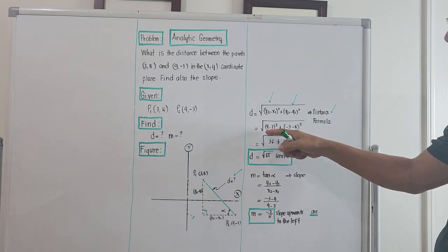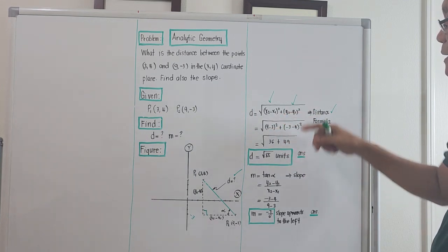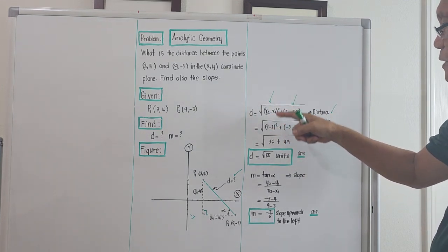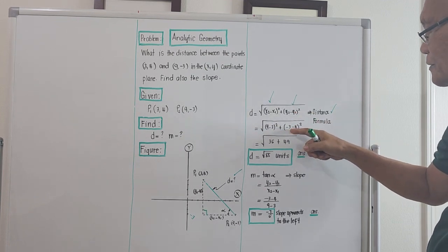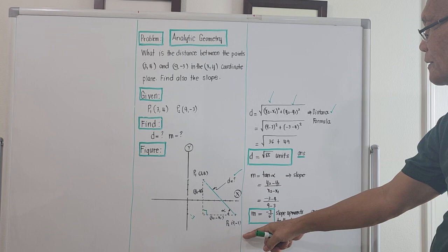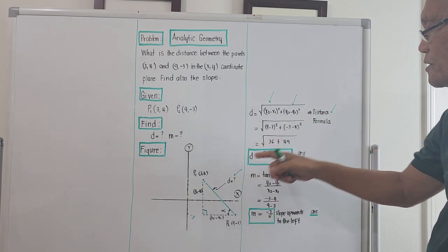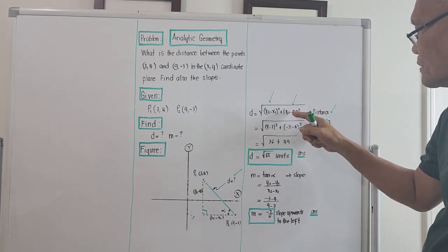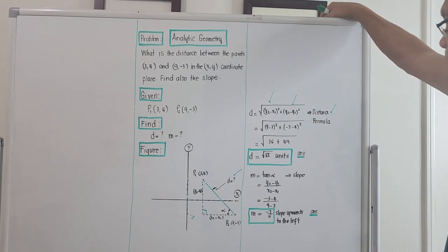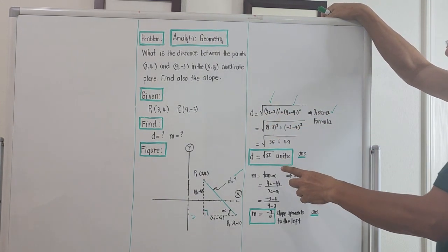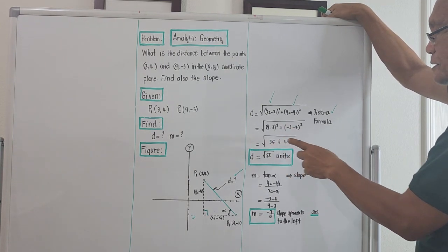So this should be 9 minus 3 quantity squared. X sub 2 is 9, x sub 1 is 3, okay? Y sub 2 is negative 3, the ordinate here. And y sub 1 is actually positive 4, but the operation is subtraction, right? So this is minus 4 quantity squared. 9 minus 3 is 6. 6 squared is 36.